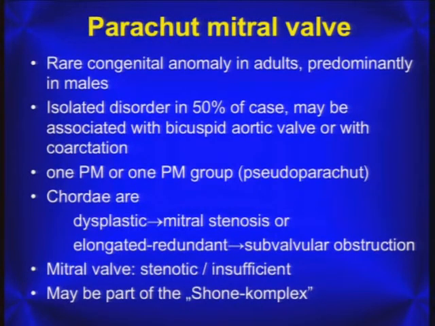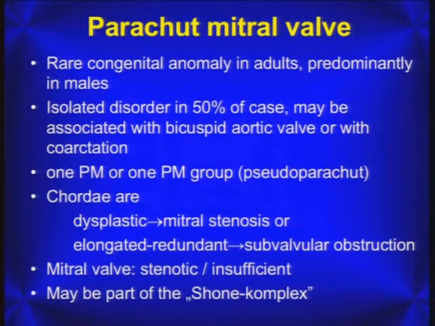What to know about the parachute mitral valve? This is a rare congenital anomaly in the adults, predominantly in males. It is isolated in 50% of the cases, but it might be associated with bicuspid aortic valve or coarctation. There is only one papillary muscle or one papillary muscle group.